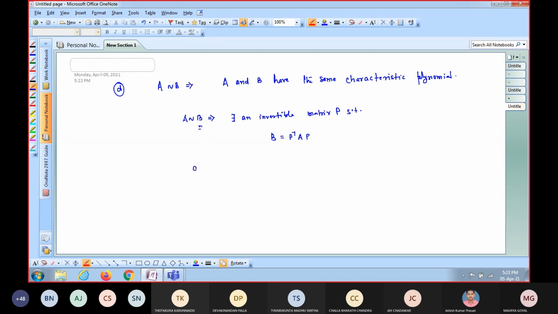Now, what is here? The characteristic polynomial of B is the determinant of B minus lambda I. So B is nothing but P inverse A P. So I write the determinant of P inverse A P minus lambda I. Now I will write lambda I as P inverse into P. So determinant of P inverse A minus lambda I, and again I take P common.